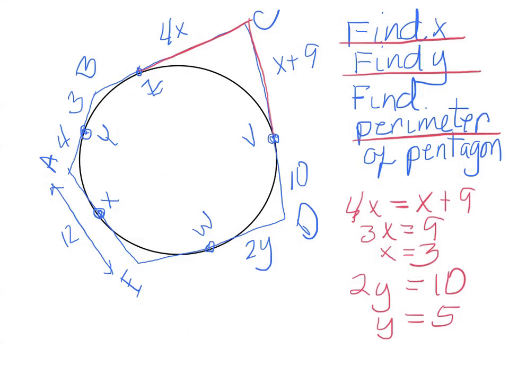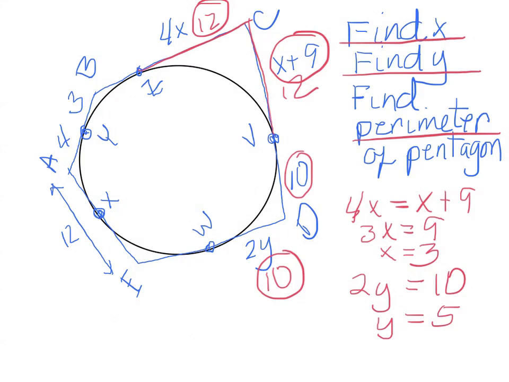And so now I have both of those, but I want to help myself with the perimeter, so I plug y equals 5 in there and I get 10. I already have 10, and then I plug 3 in and I get 3 plus 9 is 12, and then 12 here.